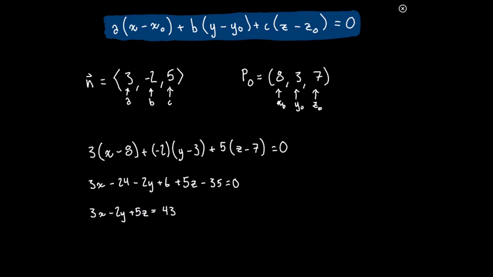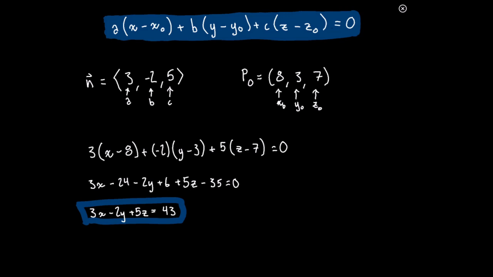So you'd end up with positive 43 over on this side. Okay, now can I divide anything out or simplify further? No. So this is my final answer right here.